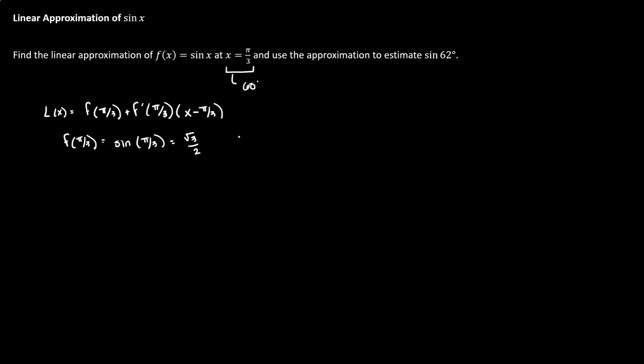Now we also need our derivative at pi over 3, so let's first find our derivative. The derivative of sine x is cosine x, so then we're going to plug in pi over 3 to that derivative, which is cosine at pi over 3. Again, do this by memory or plug that into your calculator.